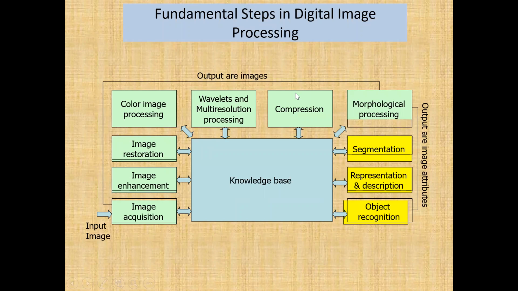If you look at this, there are basically 10 different steps, or fundamental steps, of digital image processing. And instead of naming these as fundamental steps, we can also call them the different areas of digital image processing.